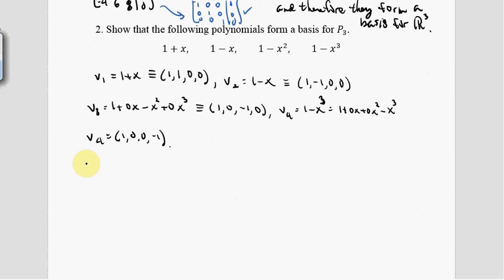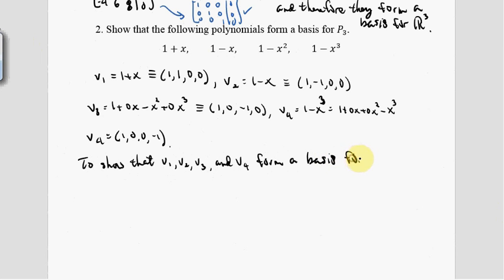Do this one, and then I work a problem on the coordinate basis, and then I'm finished with this section. Show that V1, V2, V3, and V4 form a basis for the space of polynomials of third degree.